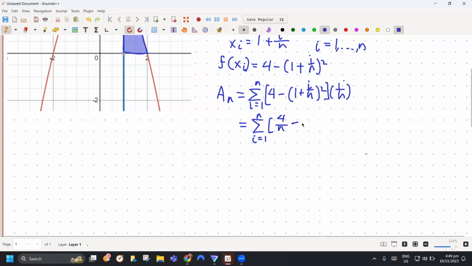Okay, so, expand ko po to. Up to you. Ako, in-expand ko. Pero there could be a better way of solving it.